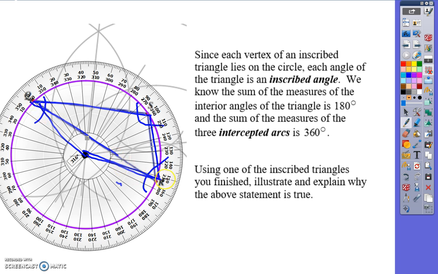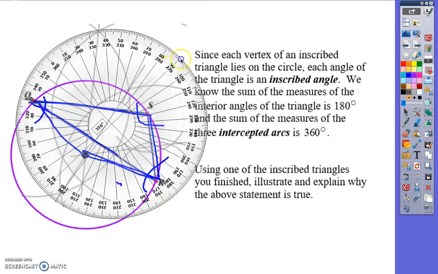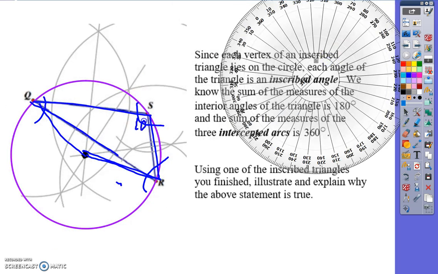And then looks like it's 210. So my other angle was 105. This was 105, and this is 210. How are those related? It looks like I'm doubling that to get this. And so your goal is to measure the angles and see if that's true. So that's the goal for today. See what you can do, and good luck.